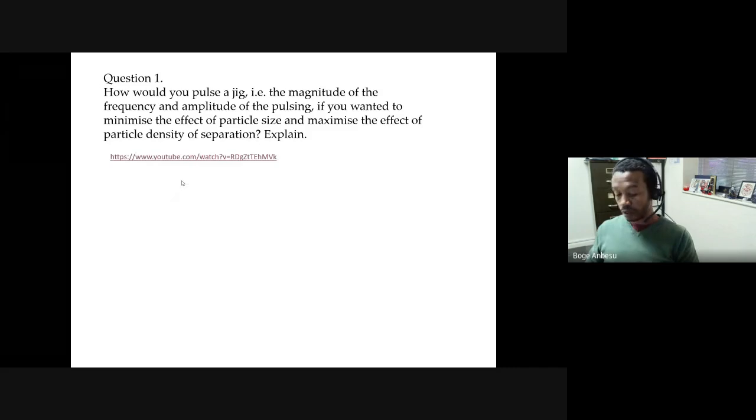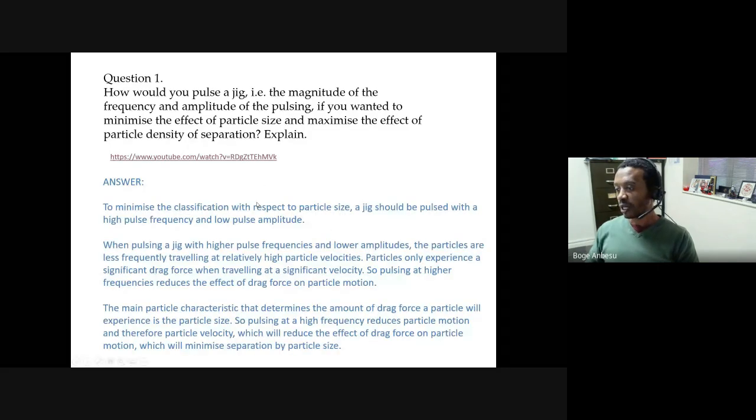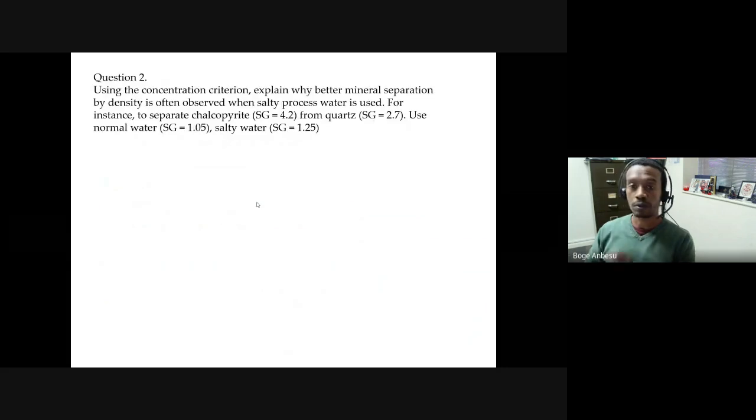Okay, so that's just a simple snapshot of how jigs work. But I think you can read about this one if you want at a later time. In any case, operating quick cycles of jigs during pulsation and suction should give you maximum benefit of separation based on density rather than size.